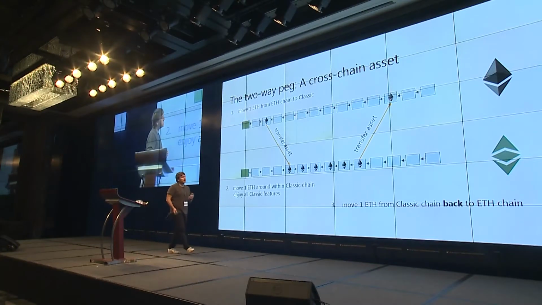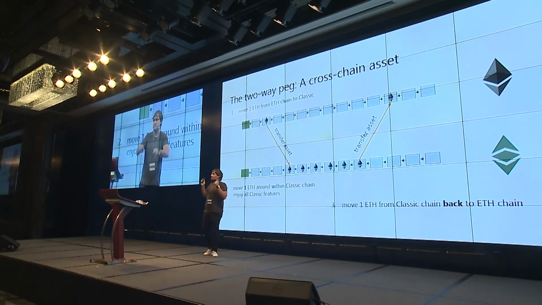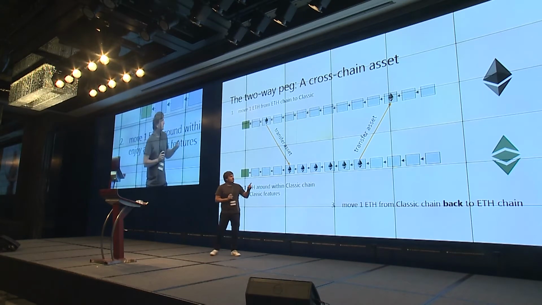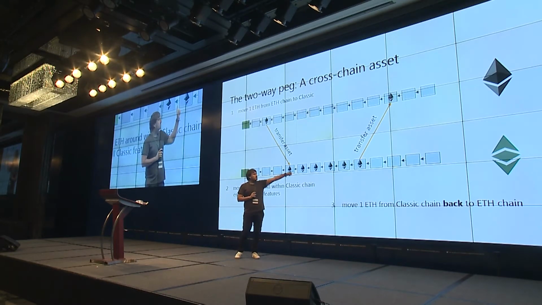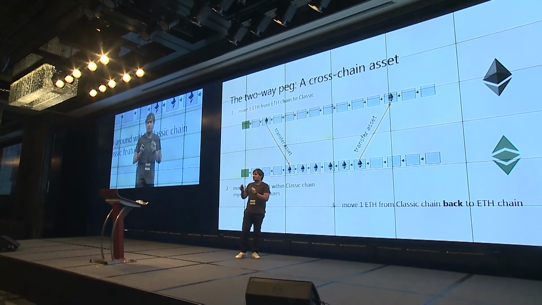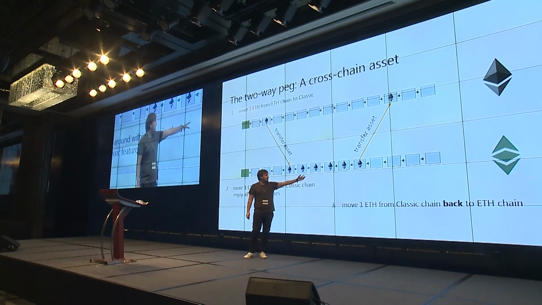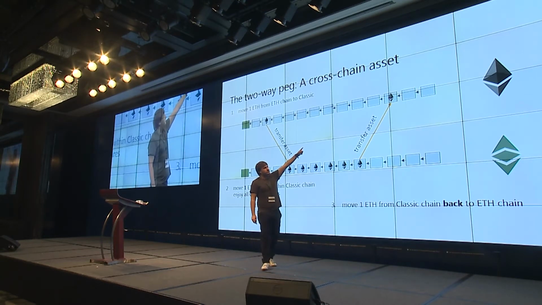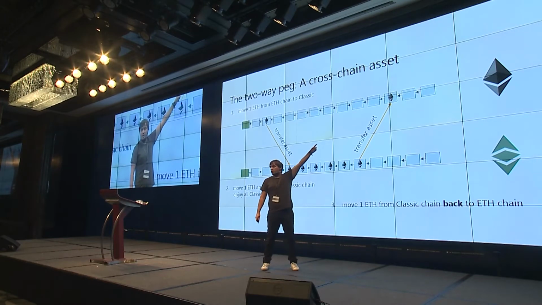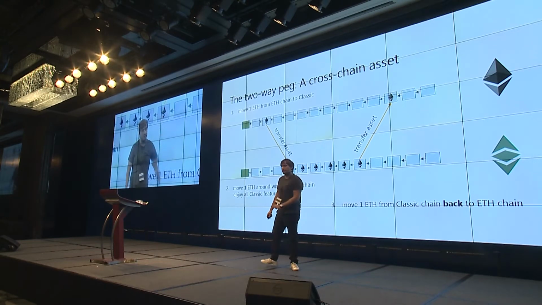And then eventually, as they change hands, somebody wants to bring them back into the Ethereum chain. So in that case, what they can do is deposit again to some sort of withdrawal function in the smart contract, which destroys the ERC20 tokens here, and then provide a proof that this destruction took place, and then restore these tokens in the original Ethereum chain.